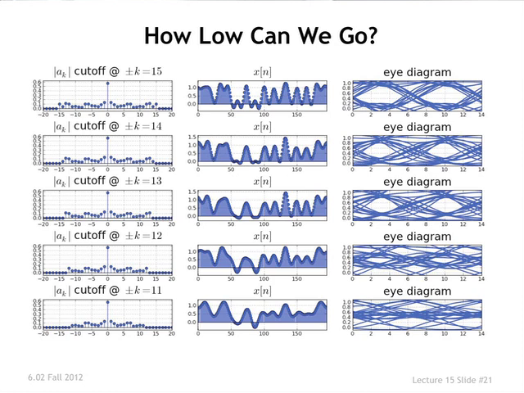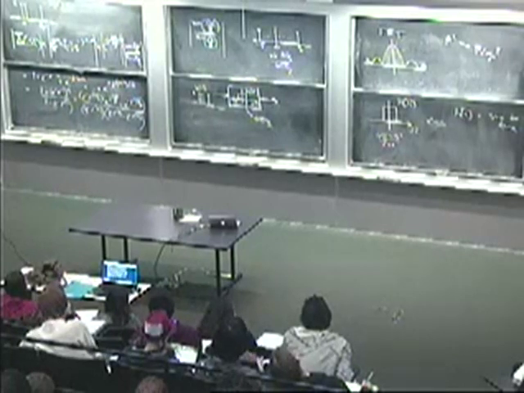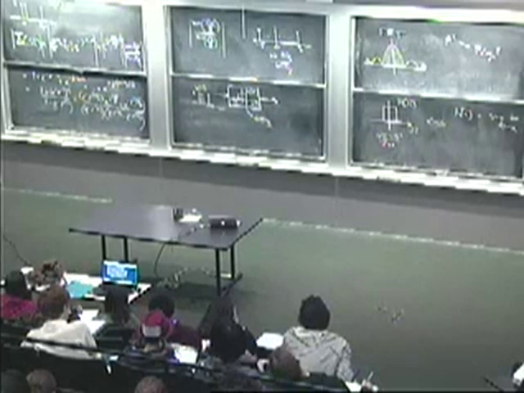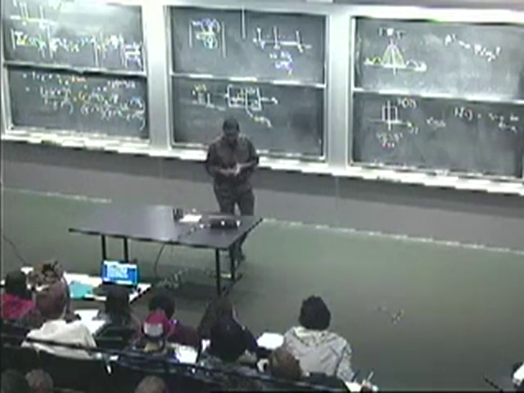So as you narrow it down further and further, what comes out the other end gets much less distinctive in its features. Okay, this only has very low frequency content, so it can't do any sharp turns. And this is an eye diagram corresponding to each of these received signals, just to show you how detection gets difficult. If you've got a low-pass channel and you've got this pulse, that's not well defined.